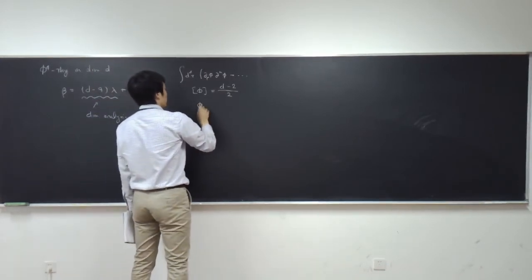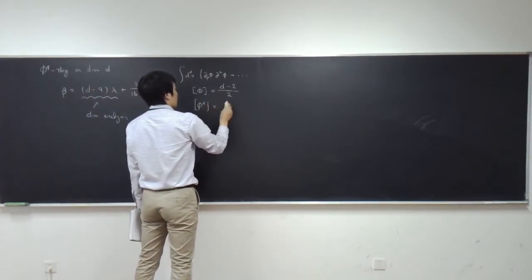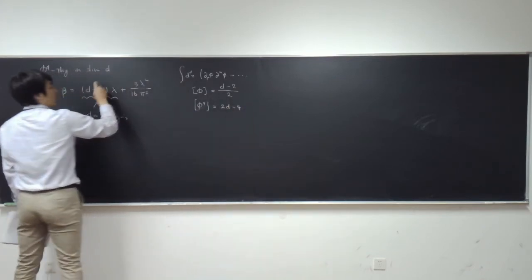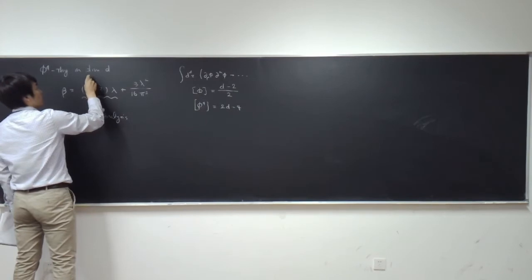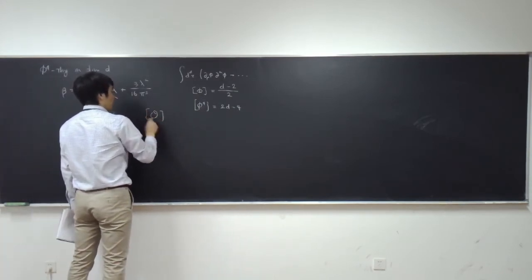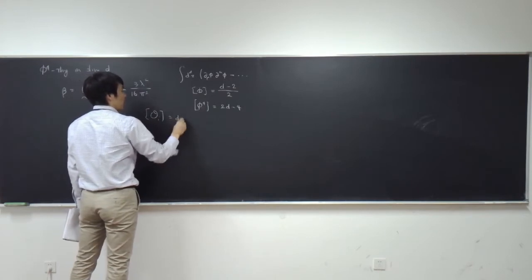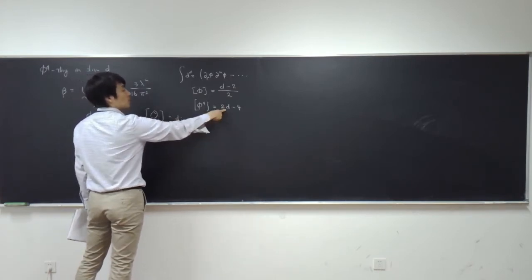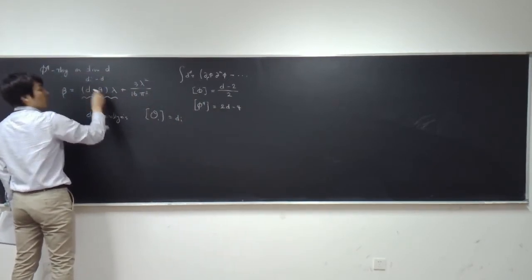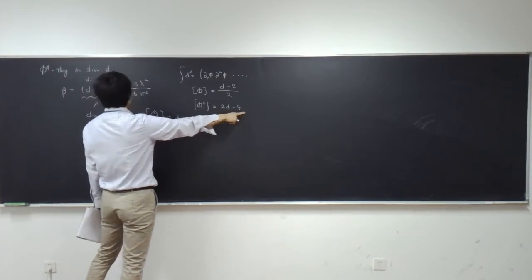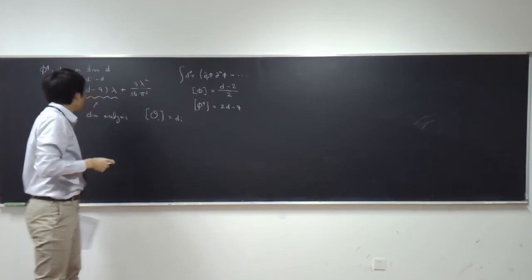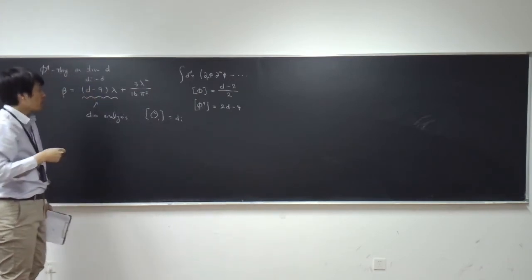Therefore phi to the 4 has 2d minus 4. As I mentioned in the previous lecture, if an operator has dimension d_i, here d_i is 2d minus 4, then d_i minus d, which is 2d minus 4 minus d, is equal to d minus 4. That's how we get this from dimensional analysis.